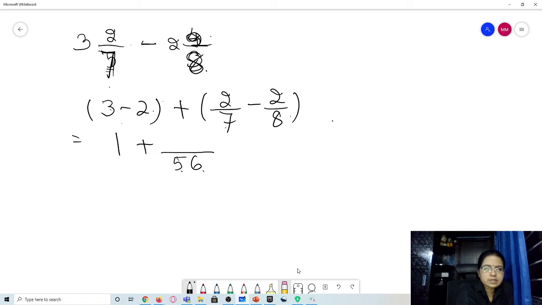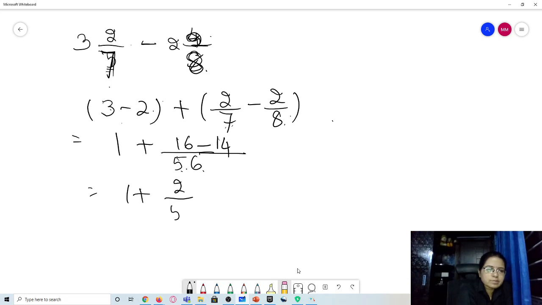Divide LCM 56 by denominator 7, that is 8. Multiply 8 with the numerator 2, that is 16. Minus, divide LCM 56 by 8, that is 7. Now multiply numerator 2 with 7, that is 14. Now we get 16 minus 14 is 2.